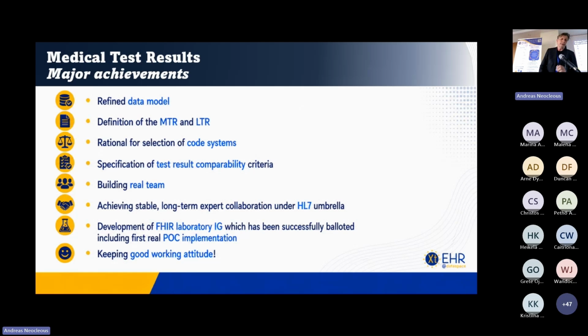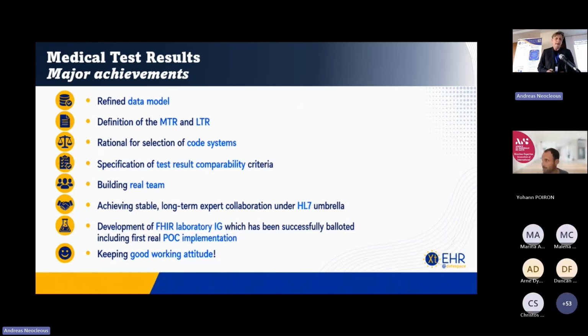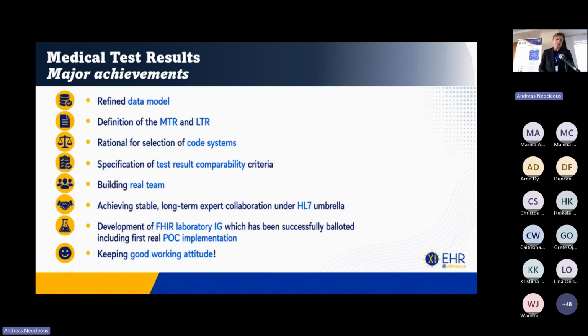Rationale of selection of code systems. We all know that ideally everyone in Europe should use just one preferred code system. That would be the simplest way to be interoperable. However, the reality in Europe is much more diverse. We know that we have at least 2 prevailing code systems for laboratory test coding, LOINC and PU.